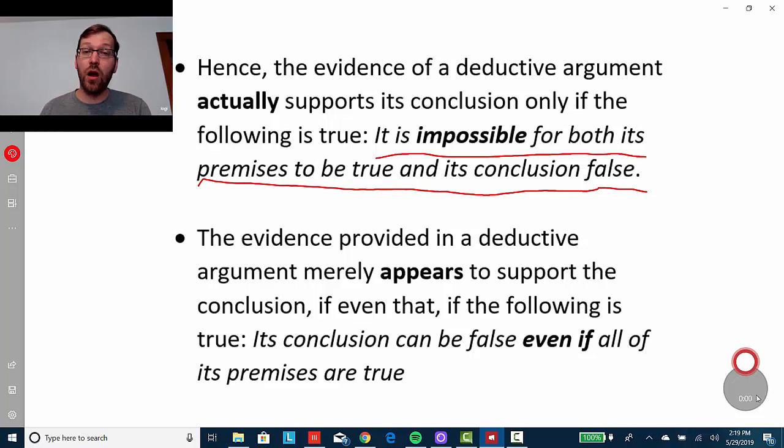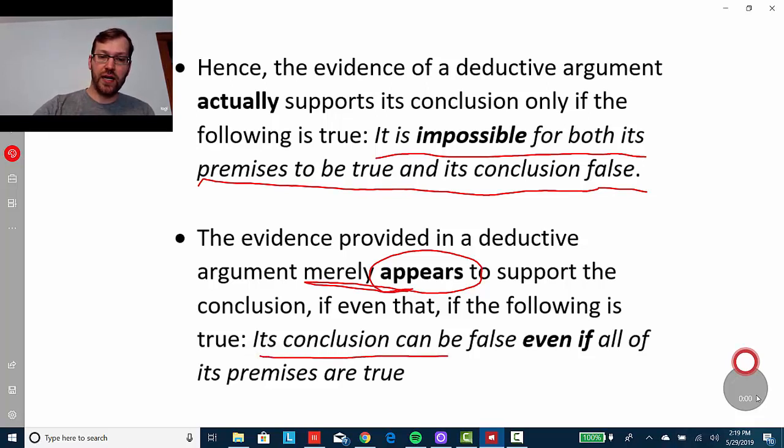Now, on the contrary, when is it the case that the evidence being provided by a deductive argument merely appears to support the conclusion? It does so when this is true of it: its conclusion can be false even if all of its premises are true.